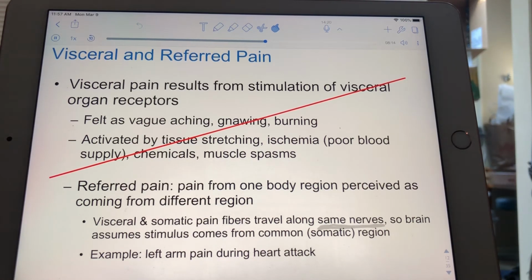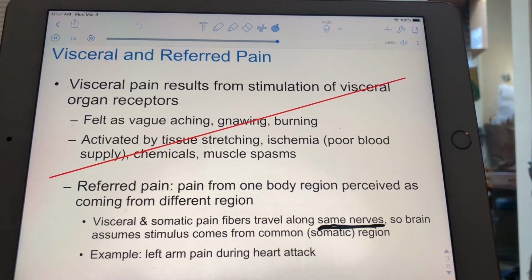And one of the reasons why that occurs is that the pain pathways from both somatic and visceral receptors often share the same nerves, and the brain therefore sort of makes assumptions about that pain sort of being applied to all of those relevant regions.